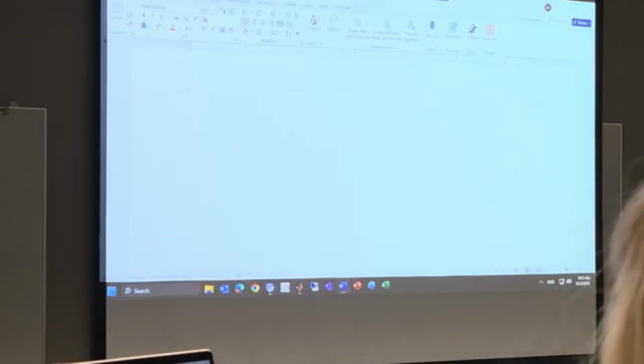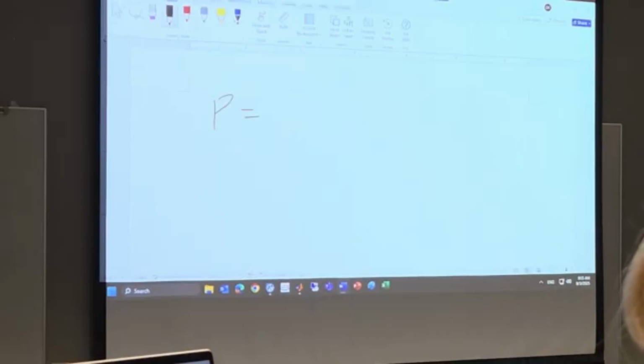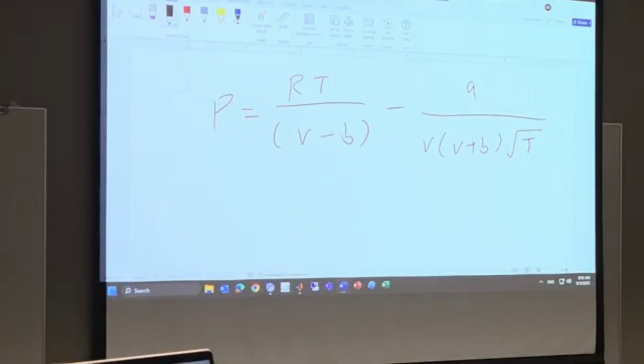The SRK equation: P is equal to RT over V minus B, minus A over V times V plus B times the square root of T. Whenever you have this kind of equation, we are looking for the volume at a certain temperature and pressure.